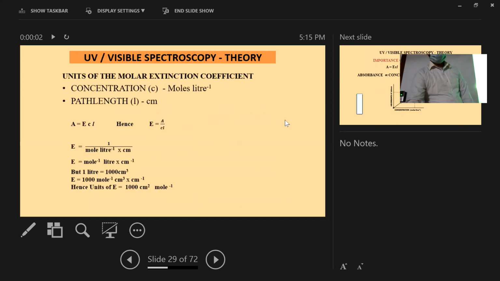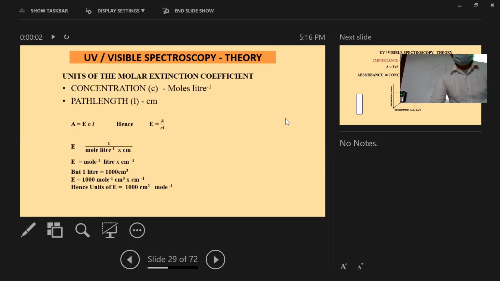So now, I have already mentioned the law for the UV visible spectrophotometer, which is known as the Beer-Lambert law. I have already discussed that it depends on the path length, which is directly related to the amount of the sample.